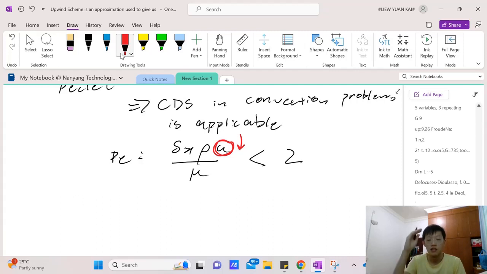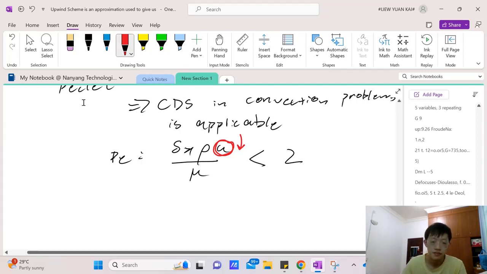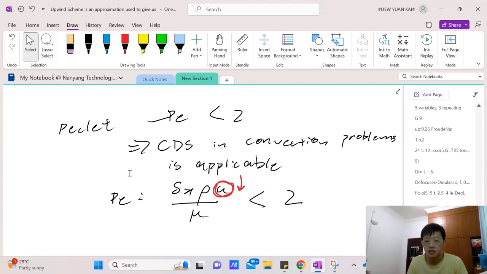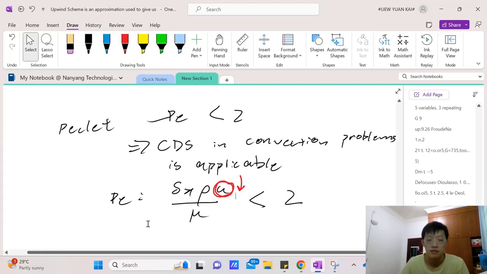So you're most likely to use diffusion to move the property phi. That means the central differencing scheme will work, because an equal proportion of phi comes from the left and the right.